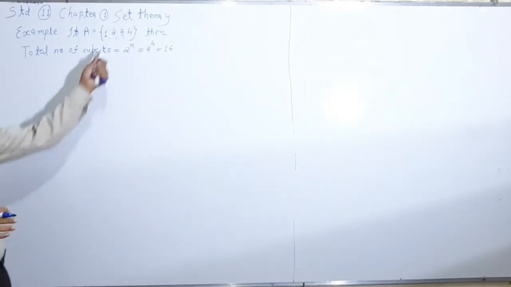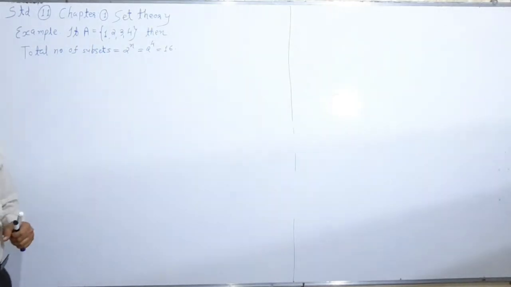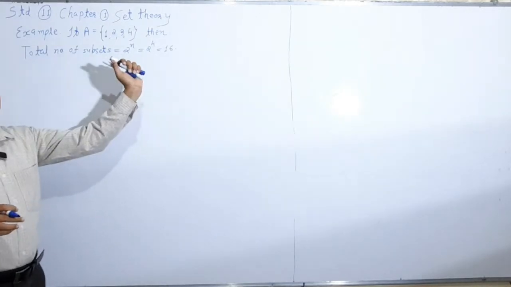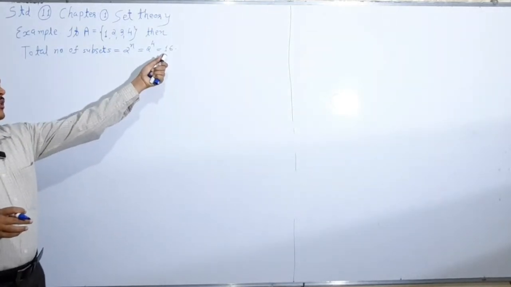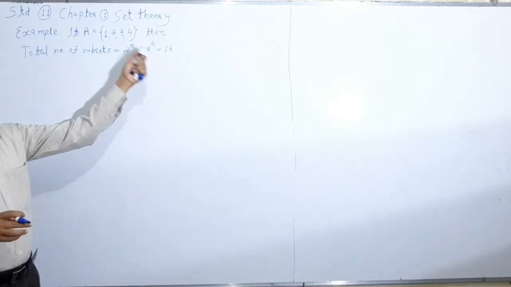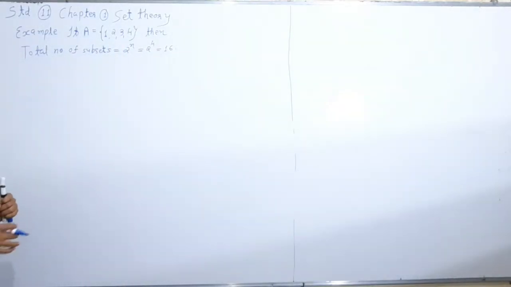Here there are 4 members in a given set, hence the value of n is equal to 4. So the total number of subsets of this given set are 16.